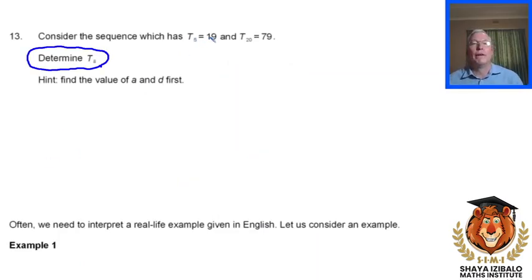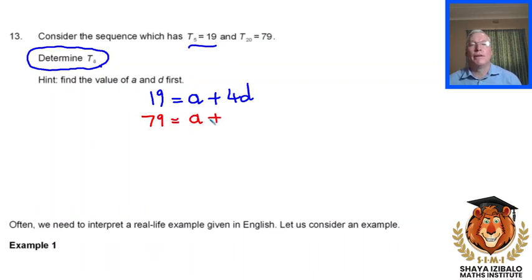Okay, so 19 is A plus 4D, and 79 is A plus 19D. I haven't written the equation down. I'm hoping you're comfortable with it by now. That red equation came from there.